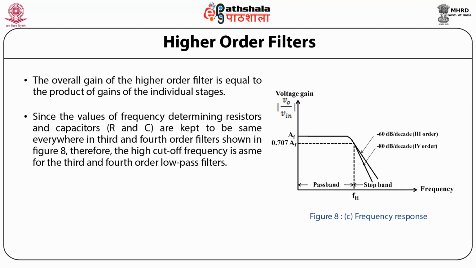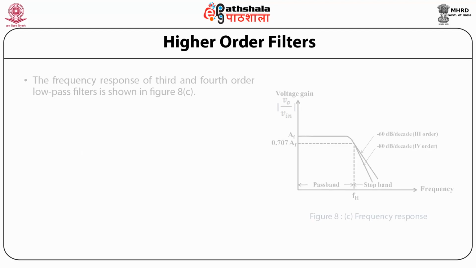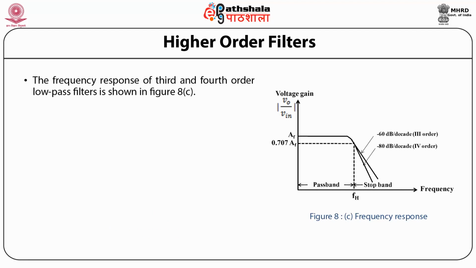Therefore, the high cutoff frequency is the same for the third and fourth order filters. The cutoff frequency fH is given by fH equals 1 divided by 2 pi RC. The frequency response of third and fourth order low pass filters is shown in the figure.